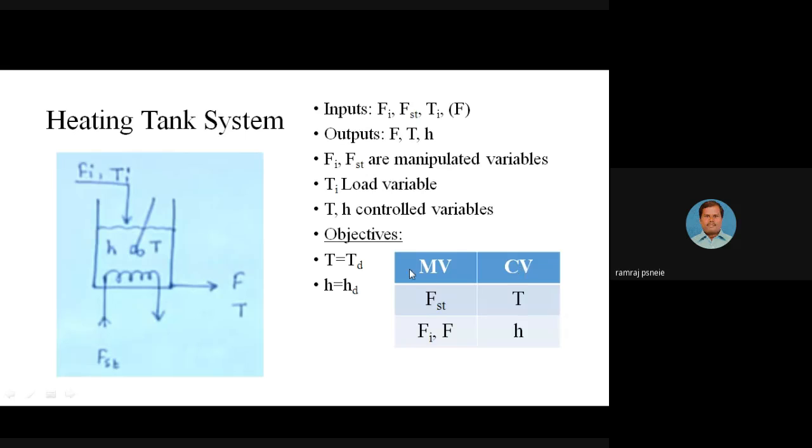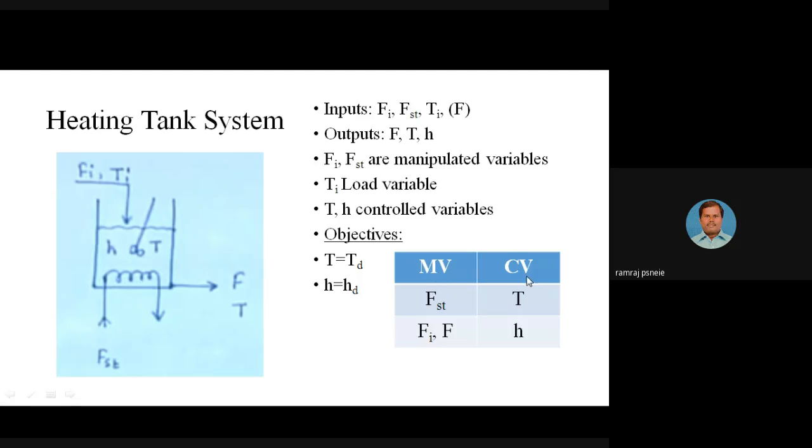So I'm making the control pairs, manipulative variable and controlled variable. The first controlled variable is the temperature of liquid in the tank, T, and the second is the height of liquid in the tank, H. These two are controlled variables. How can we correct the changes in the controlled variable?